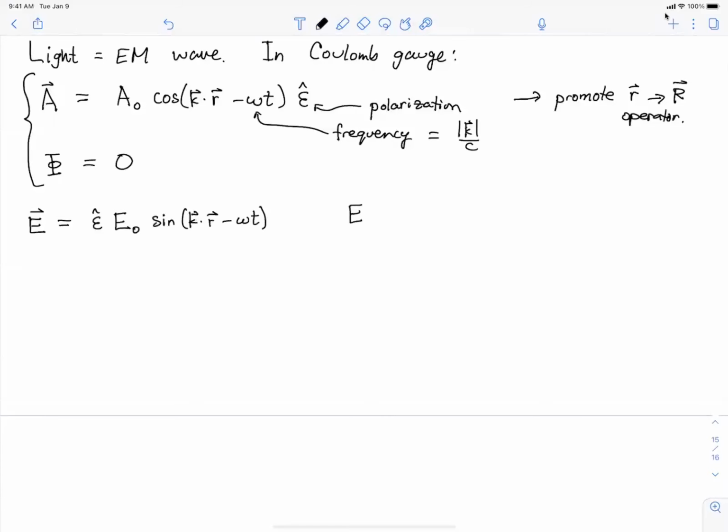And E0 is related to A0 by a nice simple formula, minus omega over c times A0. And so from now on, we're just going to quote everything in terms of E0, which is the amplitude of the electric field.